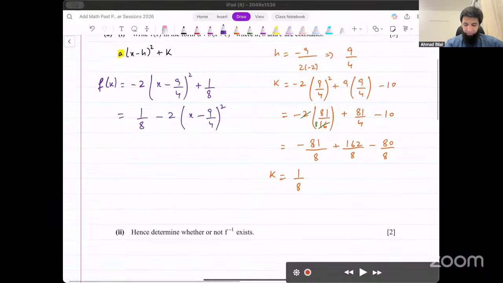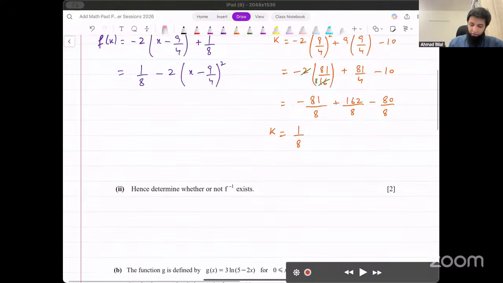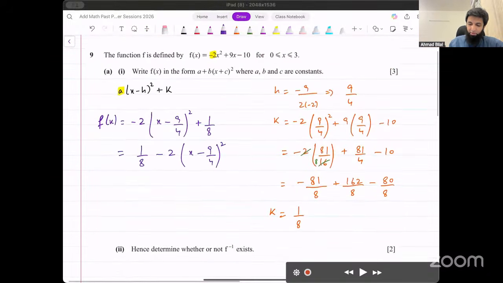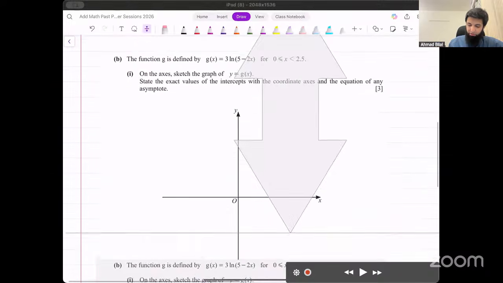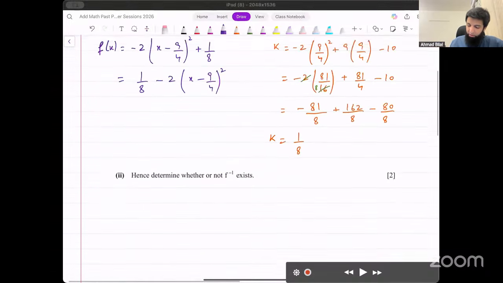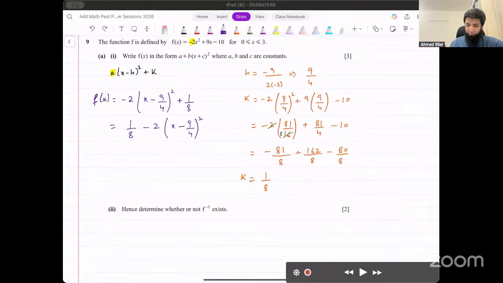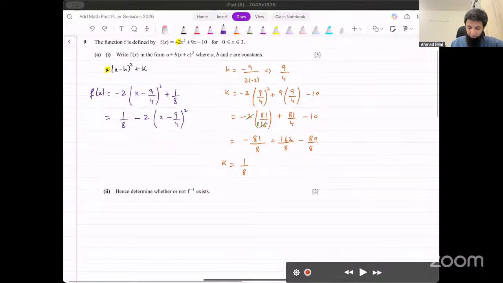Part 2 now. Now they're saying hence determine whether or not f inverse exists. Now where is the turning point? The turning point is at x equal to 9 over 4.